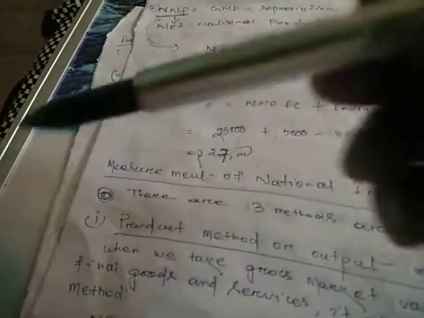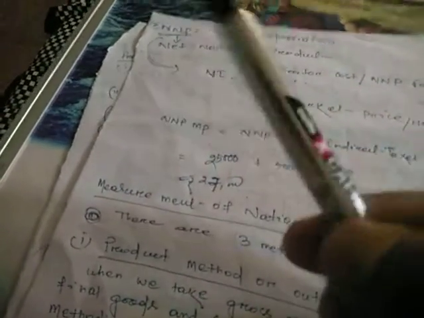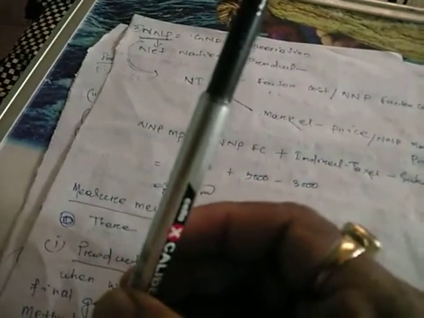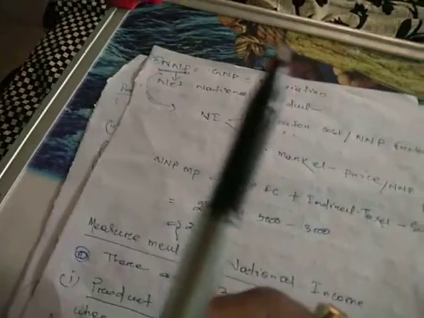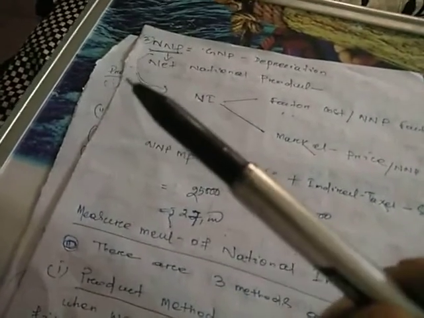Depreciation, suppose we purchase this pen. This is a pen. We purchased this pen 2 months before, right? Suppose 100 rupees. If you have to sell this pen today, can it be 100 rupees? No. Why? Because due to wear and tear, due to the efflux of time, the value will be reduced.